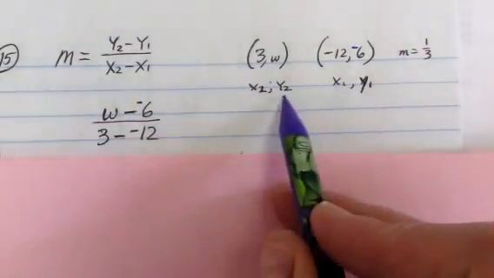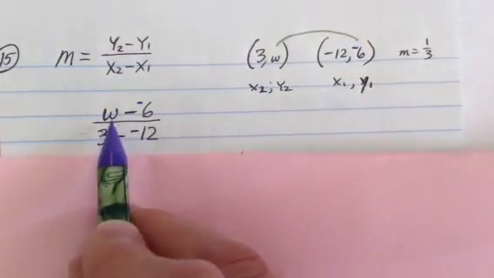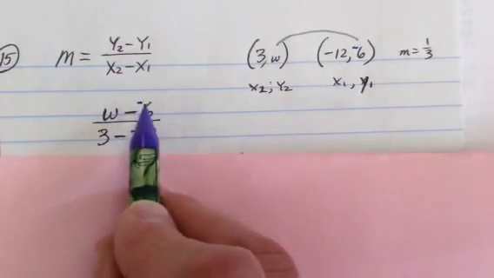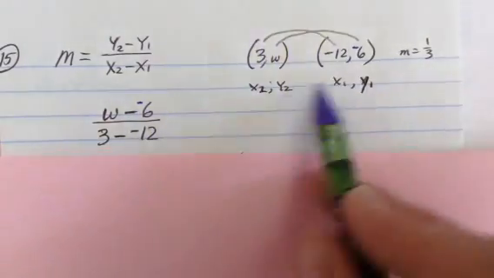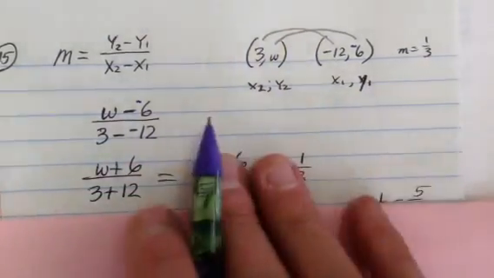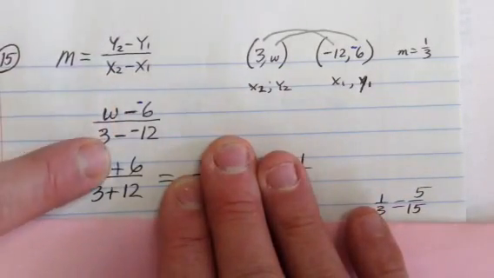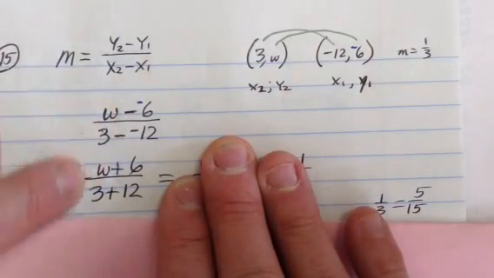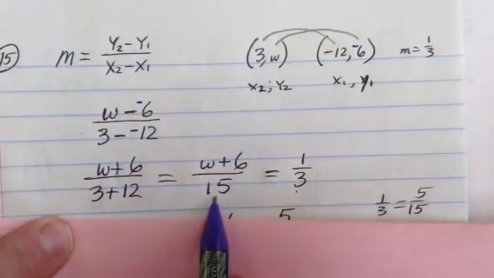And I'm going to subtract y2 minus y1. So that's going to give me w minus a negative 6. And then I'm going to subtract the x's in the same order: 3 minus a negative 12. Well, what that does over here, remember double signs, that's addition. Double signs is addition, so it cleans up to this fraction. 3 plus 12 is 15.